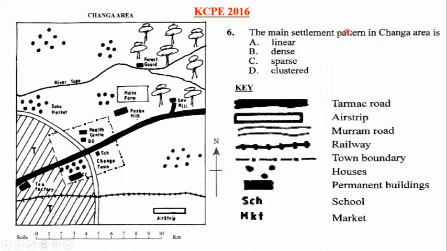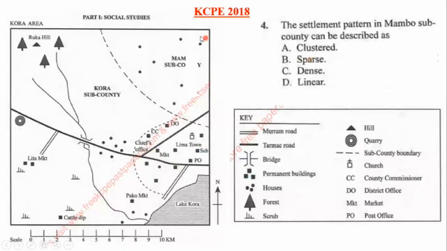Let's look at a question that was set in KCPE 2016, Changa area. The main settlement pattern in Changa area is, you see, clustered. This is clustered settlement. Then we go to the next one, KCPE 2018, Kora area.